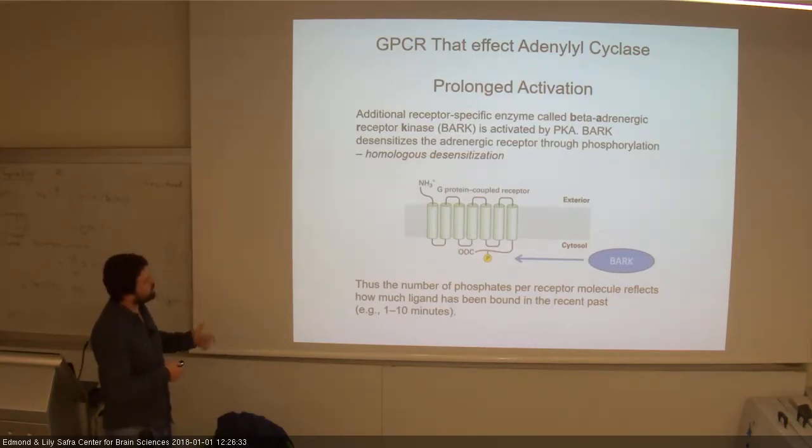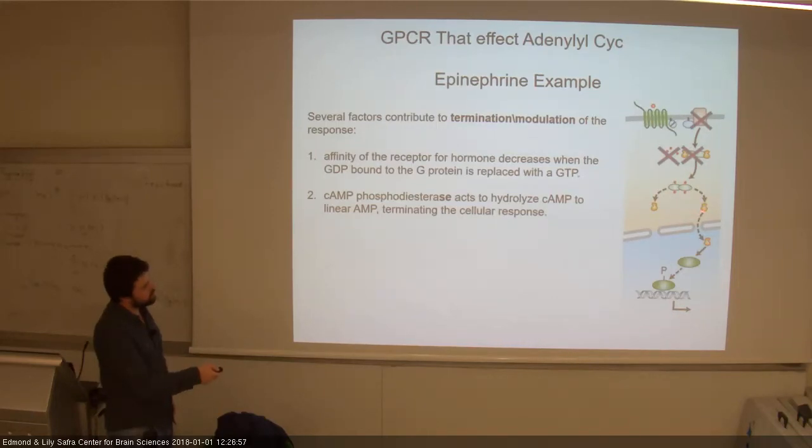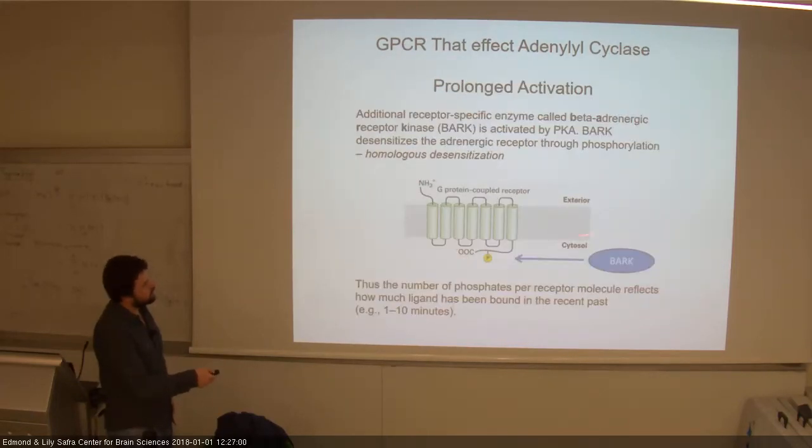One of the methods that we see here, and what you saw in the video before, is that after prolonged activation, we get what we call homologous desensitization. During the pathway of activation, the G protein coupled receptor received the epinephrine, which caused the activation of protein kinase A. Protein kinase A in turn can phosphorylate an enzyme called BARK, and BARK is also a kinase, but this kinase phosphorylates the receptor itself that the response started from.